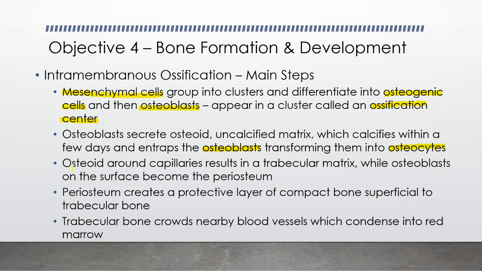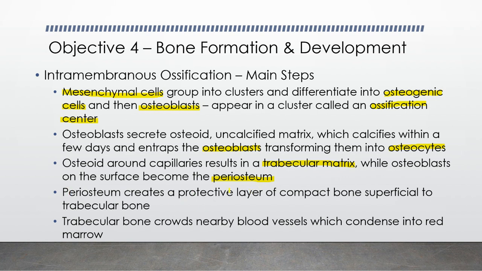osteocytes. Now, the osteoid, which is that matrix, is going to form around the capillaries, and it's going to create what's called the trabecular matrix. So that's, remember, the trabeculae is what you find in your spongy bone. And then the osteoblasts that are kind of on the outside are going to form that periosteum, that kind of lining, that fibrous tissue that surrounds our bone.